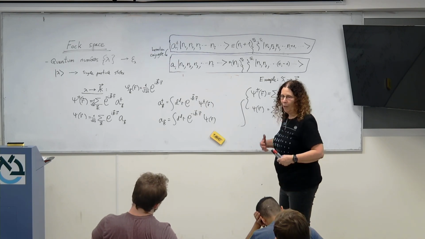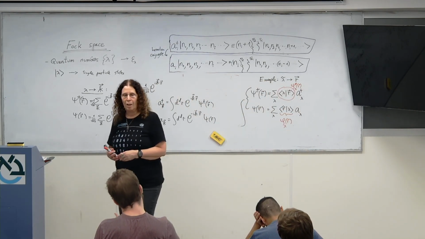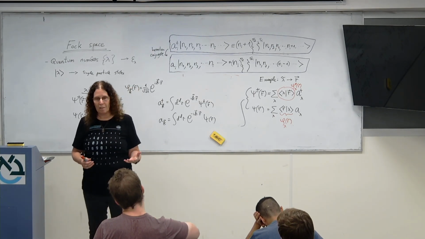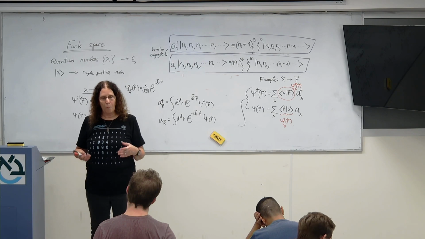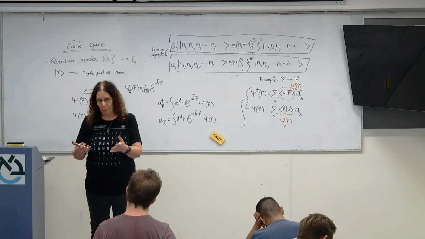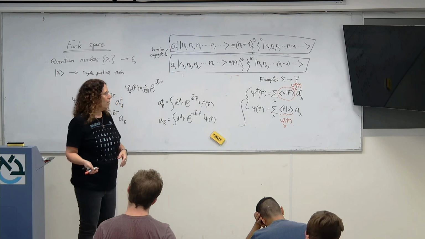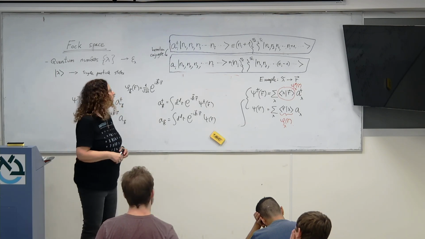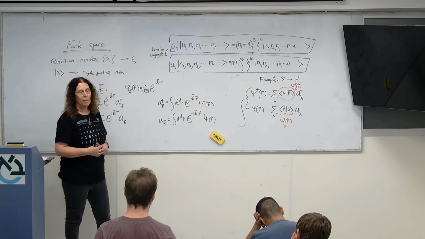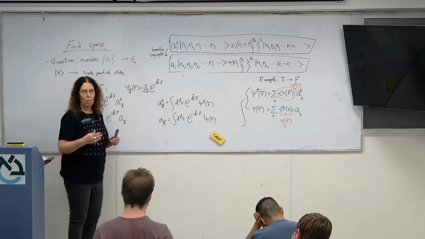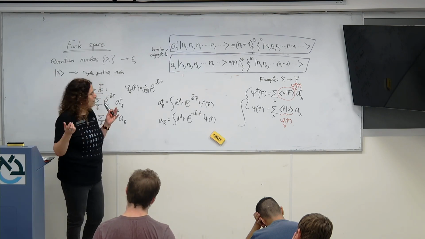What we need now in order to describe physical Hamiltonians, physical systems, is how to write operators. Any physical operator, like, as I said, energy, density, momentum, interaction, or something that describes hopping processes from site to site.